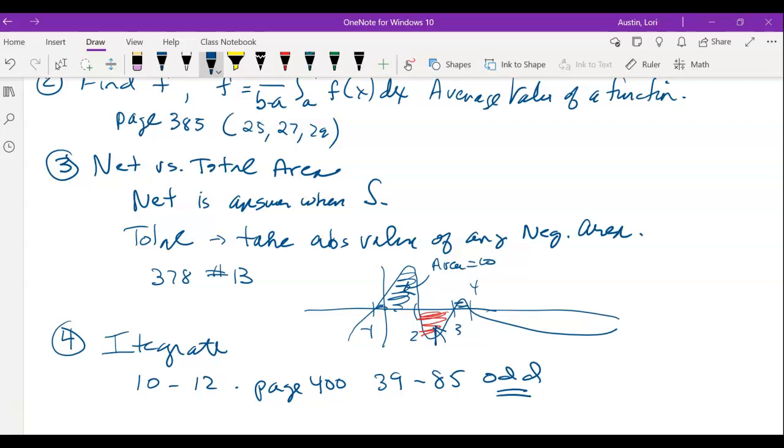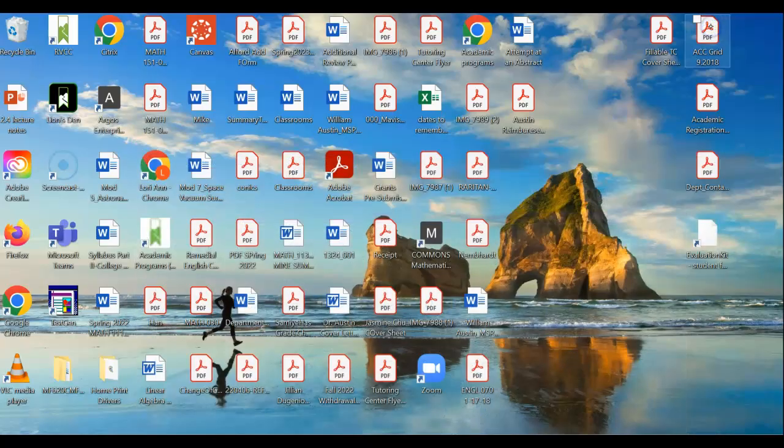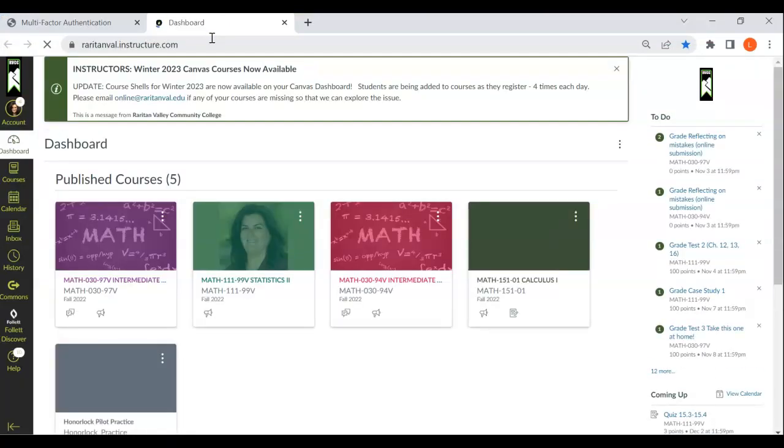And if I went on Canvas right now, I can go on Canvas. And I am pretty certain. Hold on. I think I can get on my Canvas because I shouldn't need multi-factor authentication for that. Yay! All right, good. So there's our calc class.